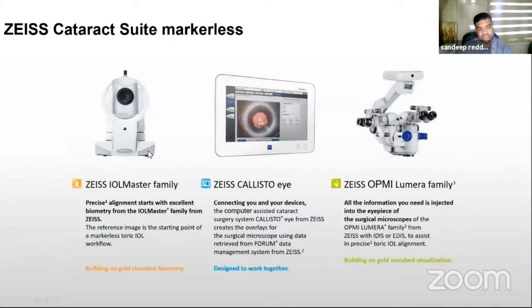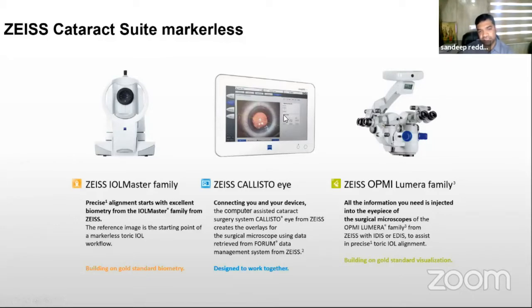The IOL Master 700 or 500 takes a picture of the eyeball and marks the limbal blood vessels, and the astigmatism can be marked. It is then transferred to the Callisto system in the OR through LAN cables, or, if LAN cables are not available in your OR, it can be transferred using a small hard drive.